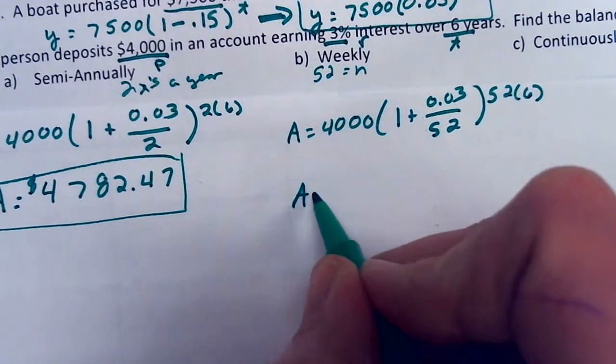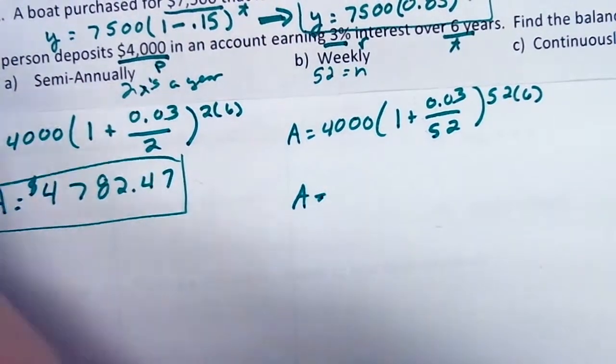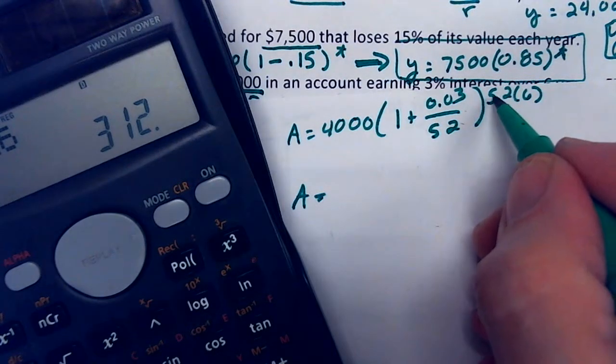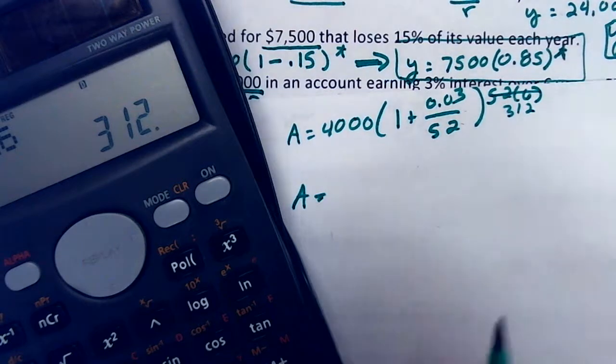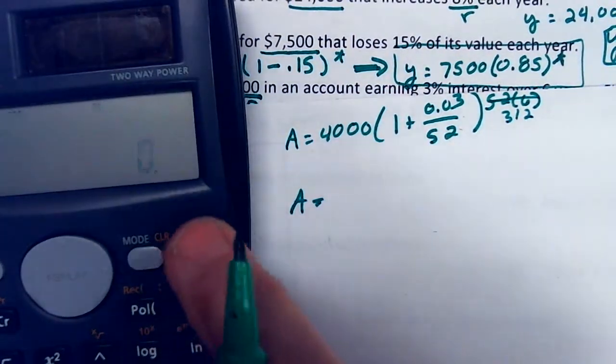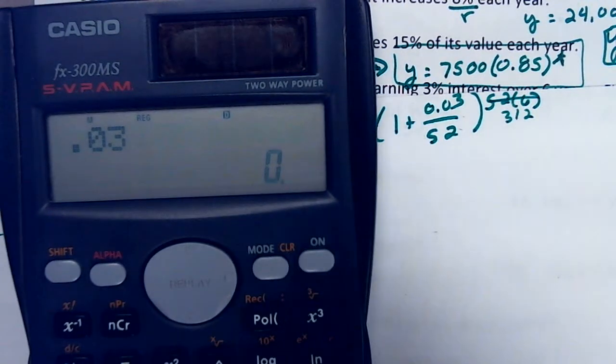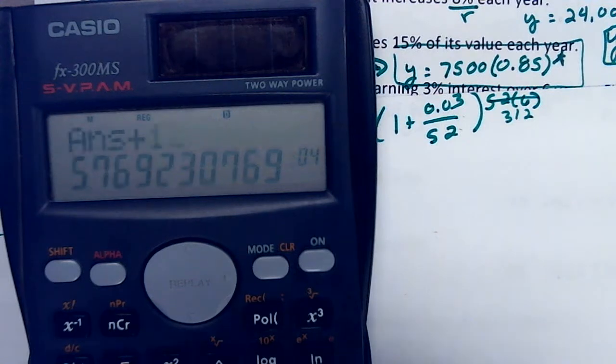Plugging that in our calculator, to make things easier, let's do 52 times 6 to begin with. That's 312. That way I know the exponent I need to bring all this to. So 0.03 divided by 52 equals, then plus 1.